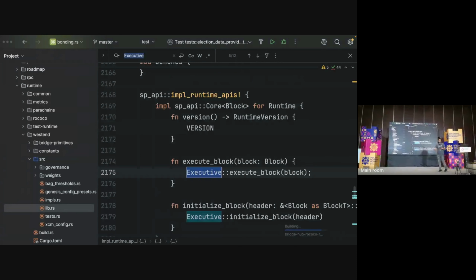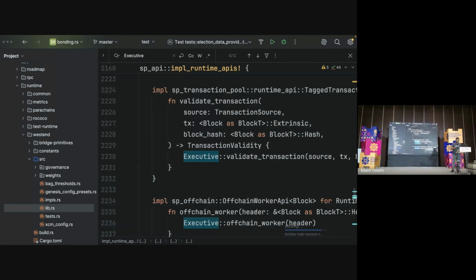You remember something like this code? You have this impl_runtime_apis block where you are implementing some runtime APIs that the node calls to do things, right? So your runtime needs to implement these things. And so you have execute_block, initialize_block, a bunch of other things.